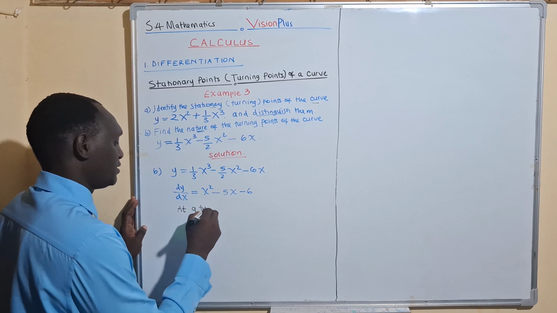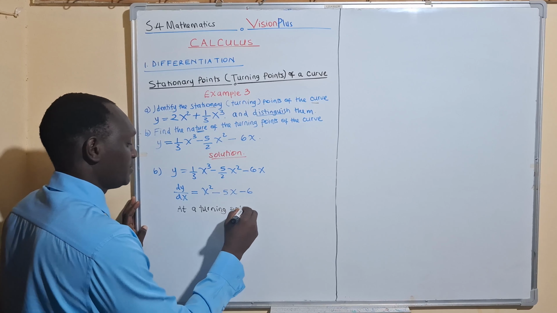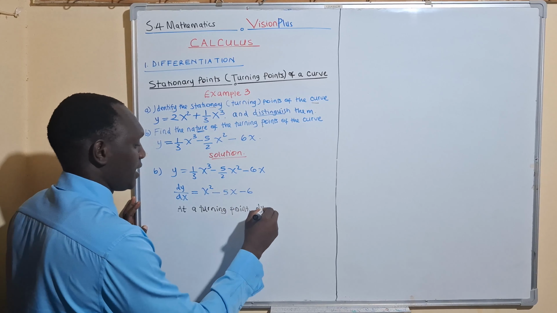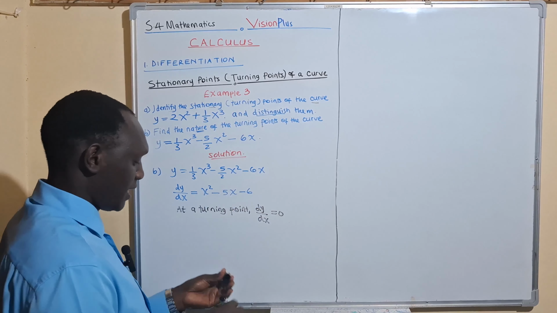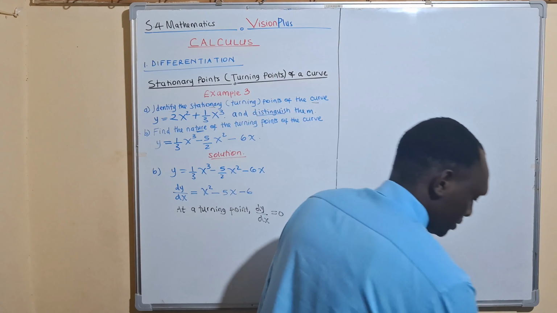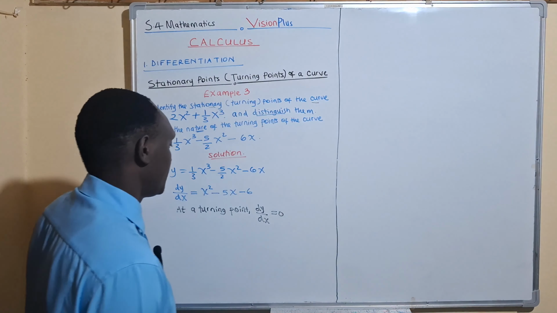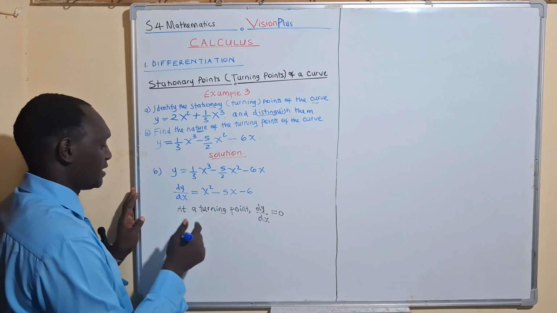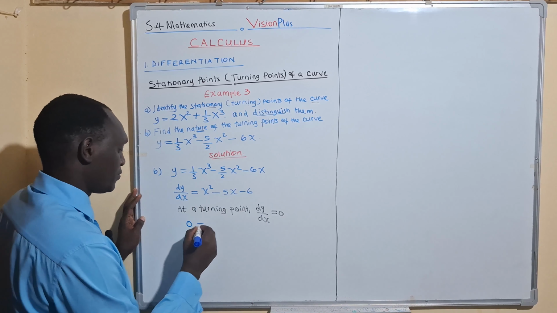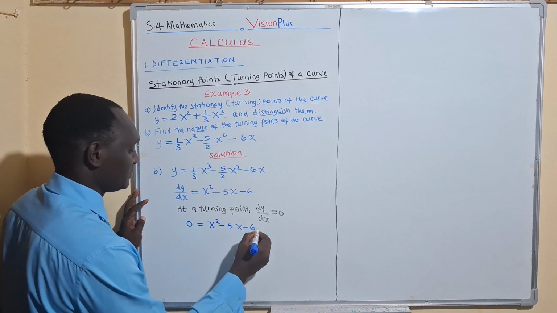At any turning point, dy/dx is 0. This implies that we substitute for it here. Therefore 0 equals x squared minus 5x minus 6.